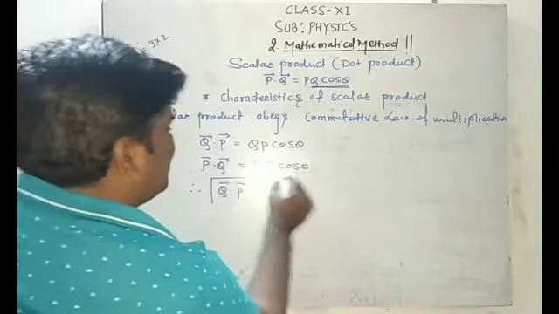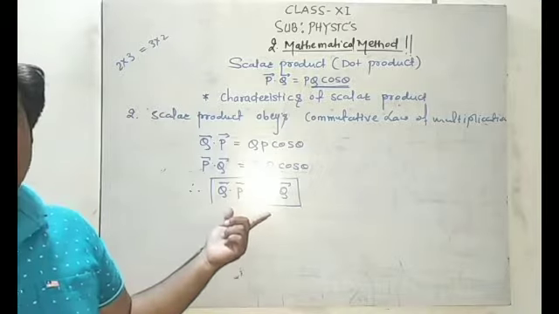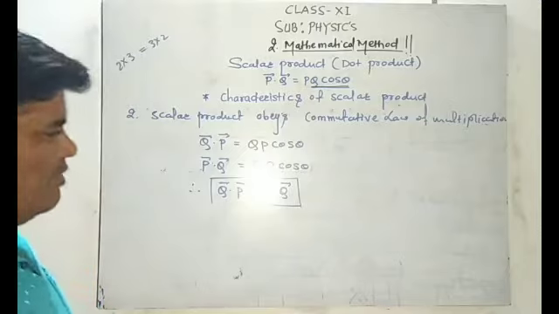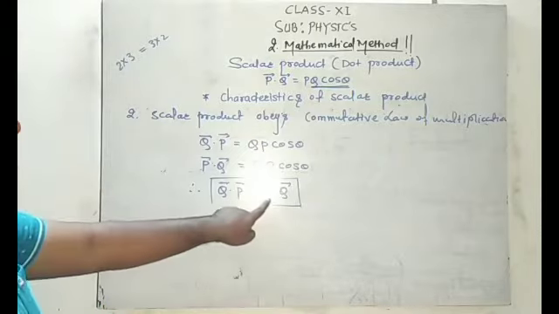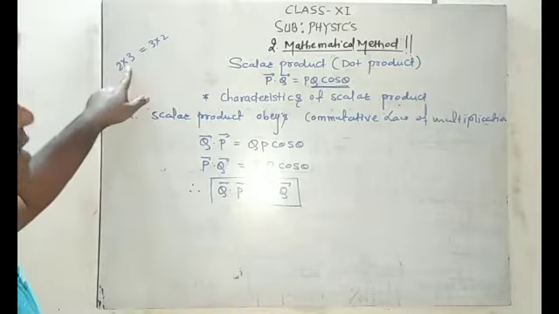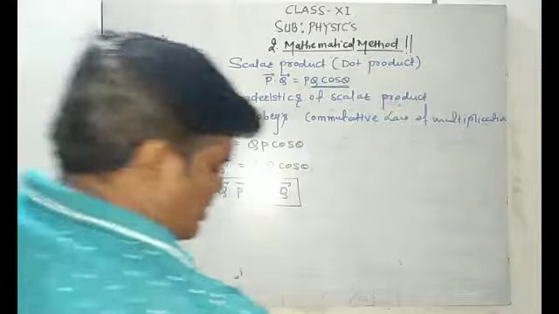This is the commutative law of scalar multiplication, right? So scalar product obeys the commutative law of multiplication, that is p bar dot q bar is equal to q bar dot p bar, in a similar way that 2 multiplied by 3 is equal to 3 multiplied by 2.